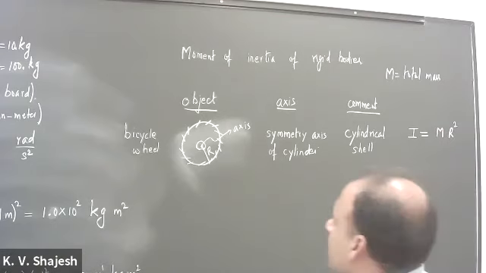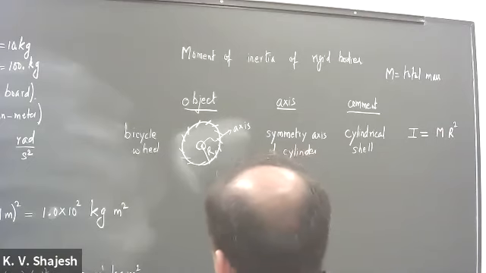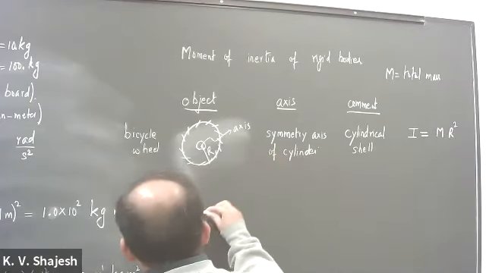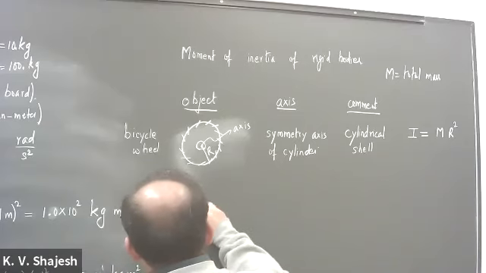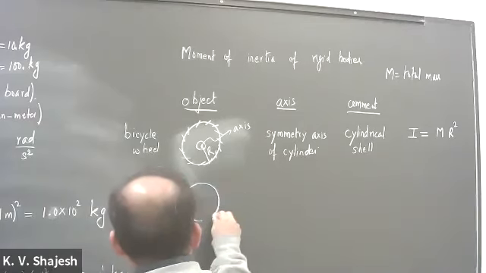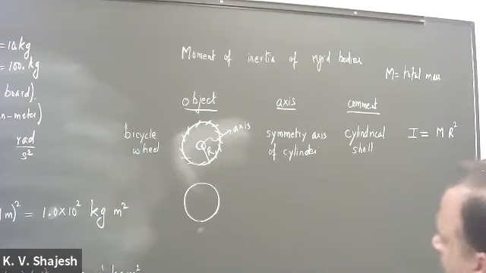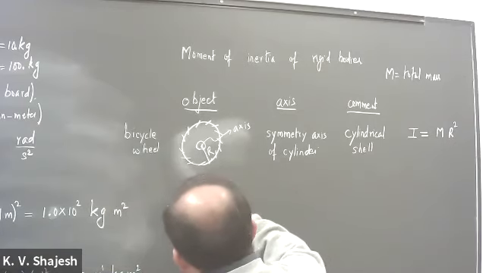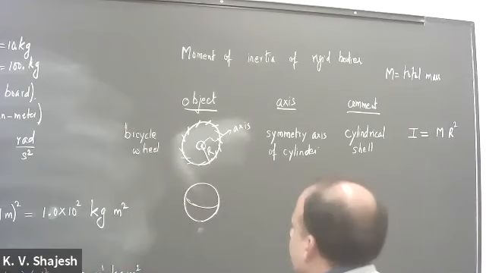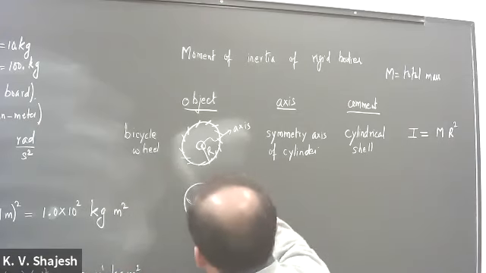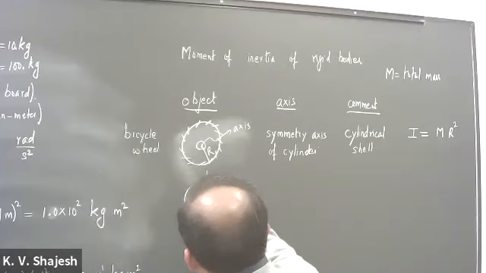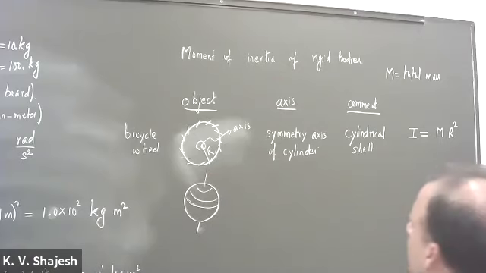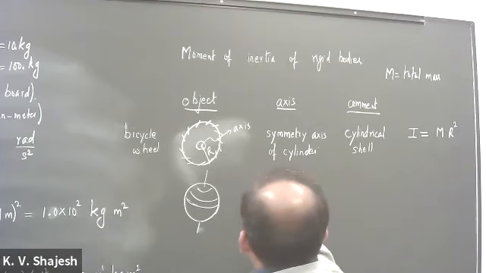The second example we will have is a spherical shell. It looks very similar, because how do you differentiate between a sphere and a cylinder on a two-dimensional plane? So let's say that's your sphere, and this is an axis, a diameter, right?